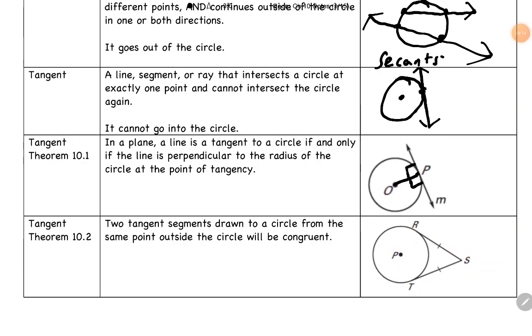And two tangent segments drawn to a circle from the same point outside the circle will be congruent. So RS is a tangent, and TS is a tangent. And since they're connecting to the same point outside the circle, these two segments are congruent, same length.